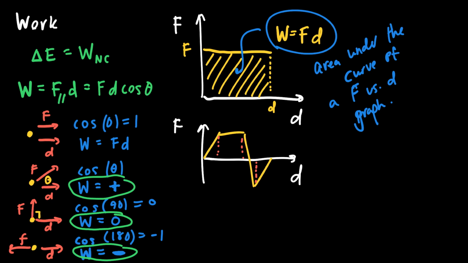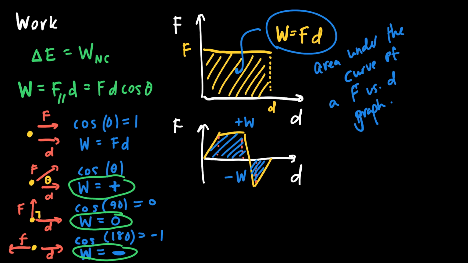Areas that occur above the x-axis would be a positive amount of work, and areas that are below the x-axis would be a negative amount of work. And so if there's more area below the x-axis due to a negative force than there is above the x-axis, then the net amount of work done would be negative.